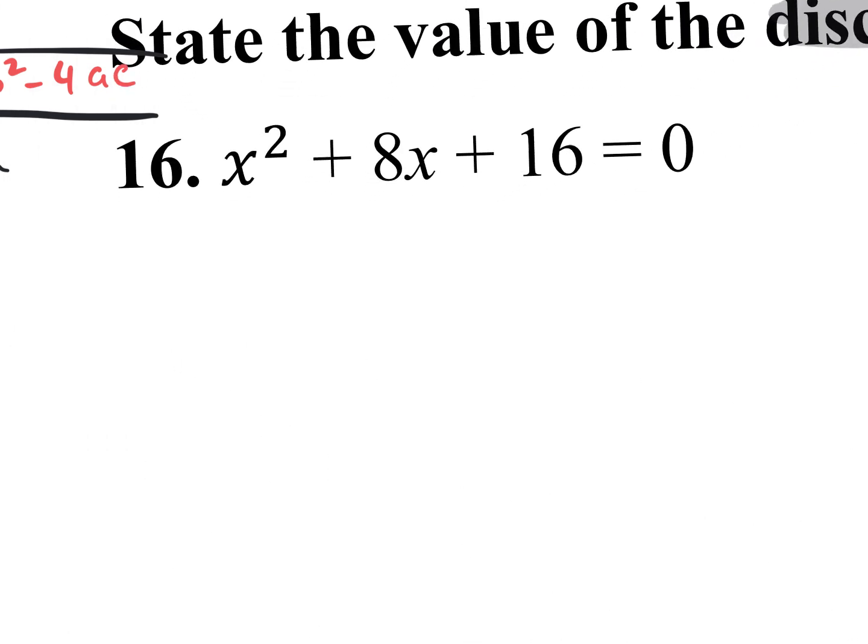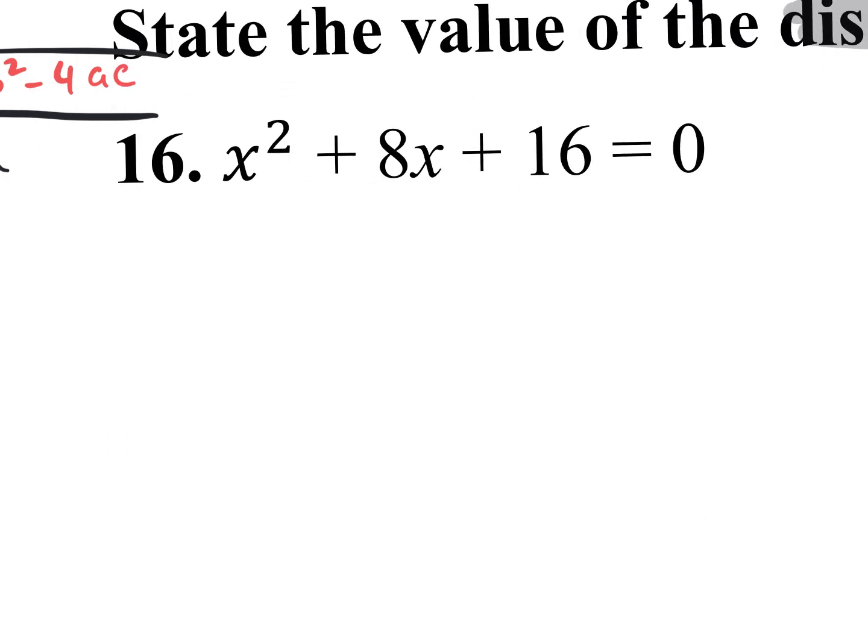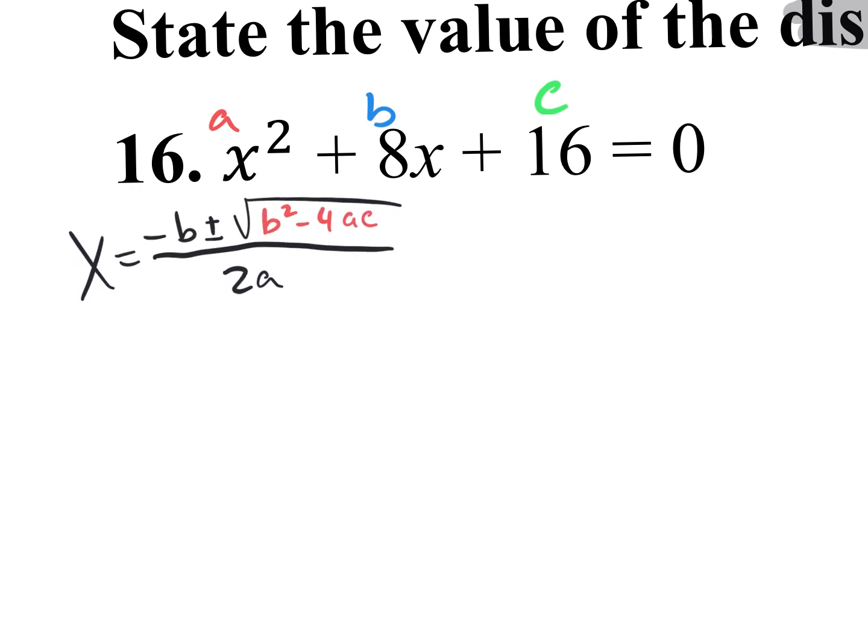Number 16. It is in standard form. It is set equal to 0, so it's ready to identify the a value, the b value, and the c value. It's ready to use the quadratic formula. The quadratic formula is x equals -b plus or minus the square root of b squared minus 4ac, divided by 2a.